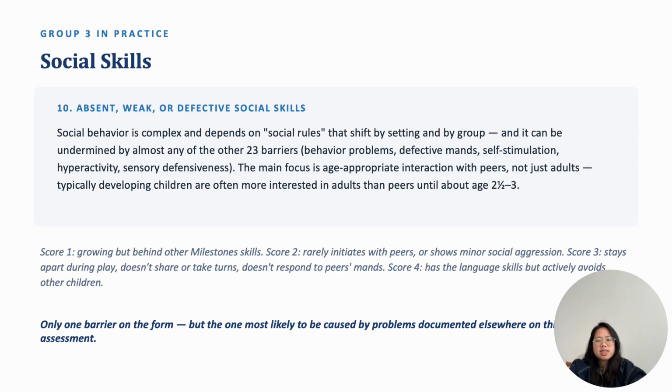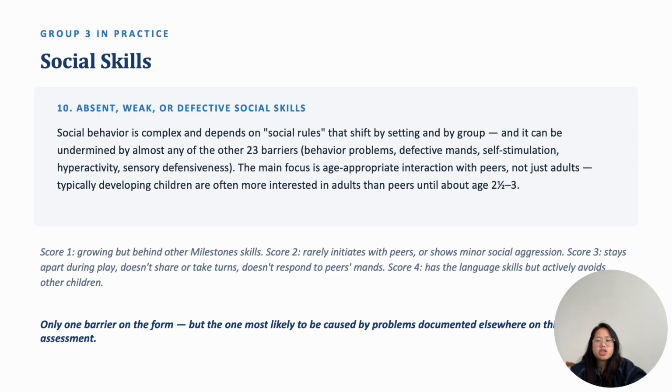So walking the scale briefly, a 1 means social behavior is growing but trailing behind the child's other milestones. A 2 means rarely initiating with peers or showing minor aggression like grabbing toys. And a 3 means staying apart during play and not sharing or taking turns and not responding to peers' mands.